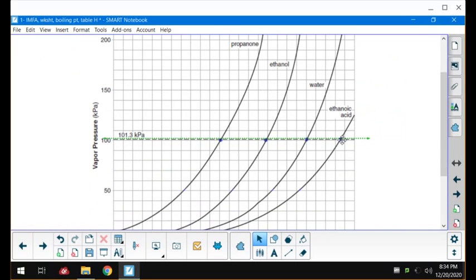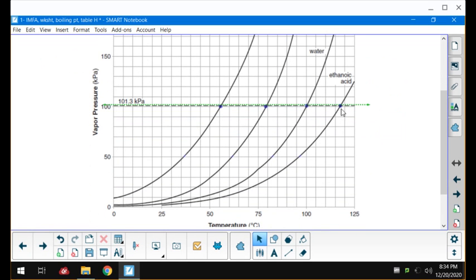Ethanoic acid has stronger intermolecular forces of attraction than water, and so therefore ethanoic acid stays in the liquid phase and does not boil until a temperature, well, each one of these increments here is 5 degrees, so we're going 5, 10, 15, about 17 and a half, so 117 and a half degrees Celsius is the boiling point of ethanoic acid at normal atmospheric pressure.